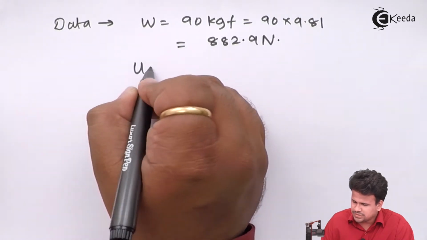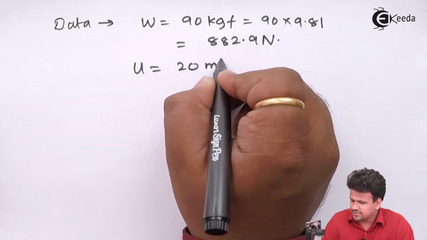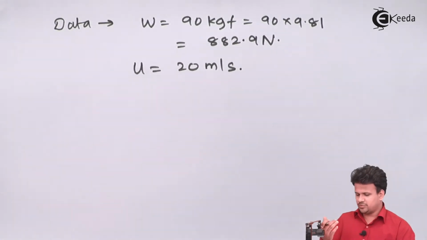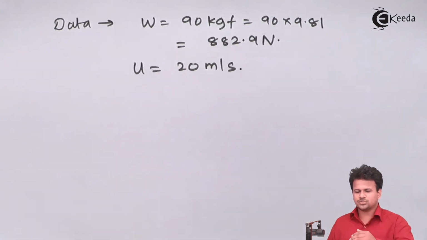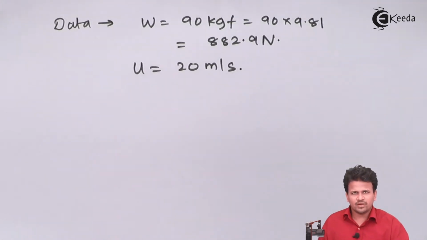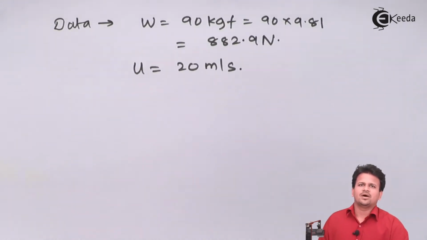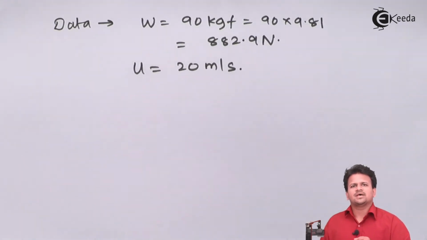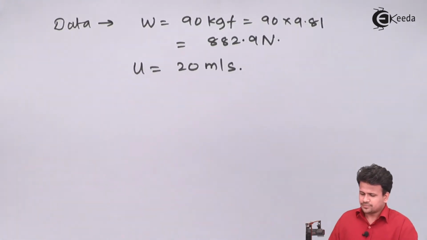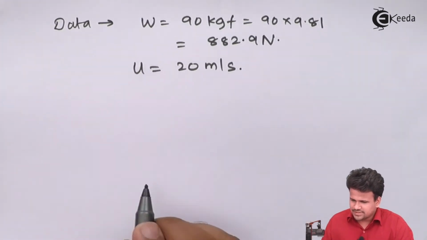Next, u is equal to 20 meters per second, that is the velocity of the air, or rather the velocity of the parachute with which it is coming down. When the parachute is coming down, the body is moving but the air is at rest. So the effect of drag will be the same as if the air is moving and the body is at rest. So the velocity is given to us.